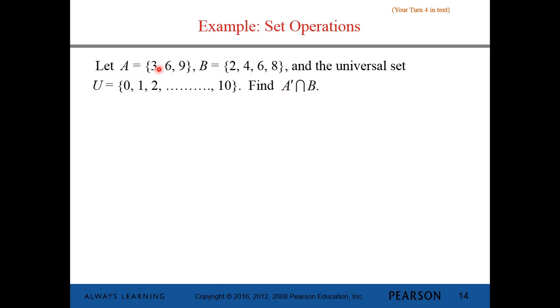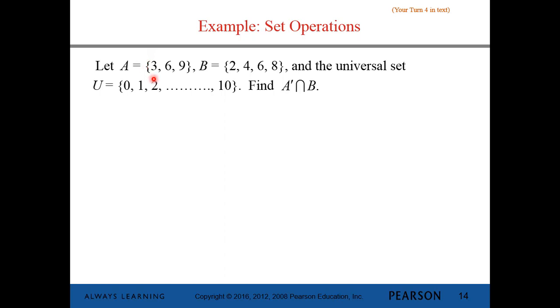Well, A is 3, 6, 9, which means everything that's not in A is going to be 0, 1, 2, 4, 5, 7, 8, and 10.